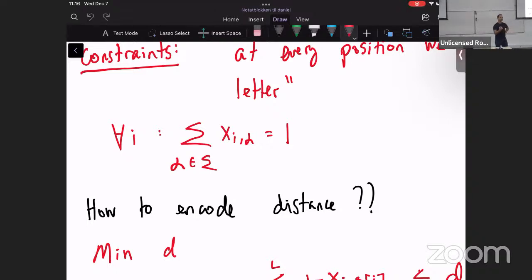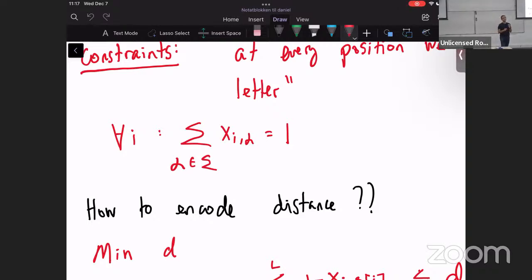Right now, my x variables encode the choice of the center string. But now for every string s in my input, I need to figure out what is the distance from s to the center string that I chose, right?